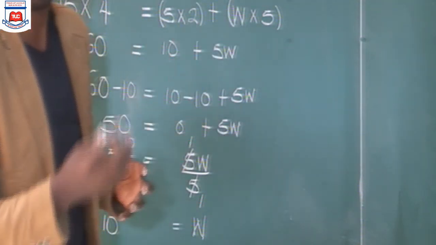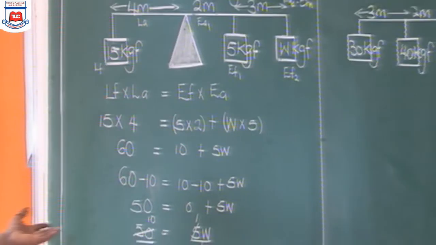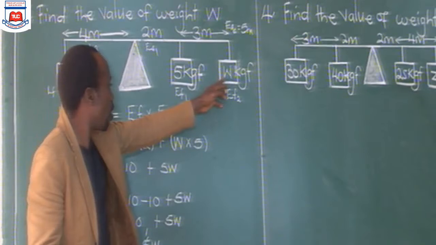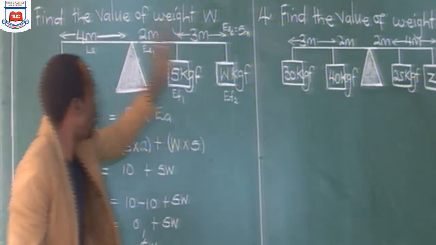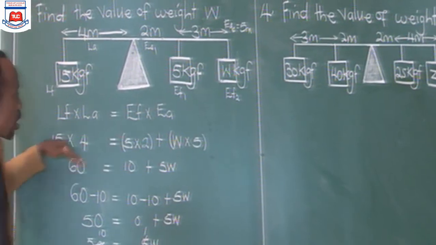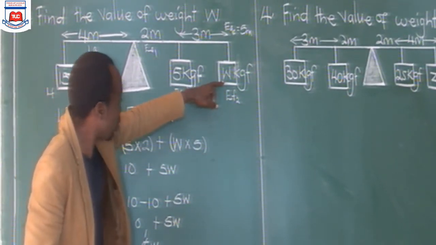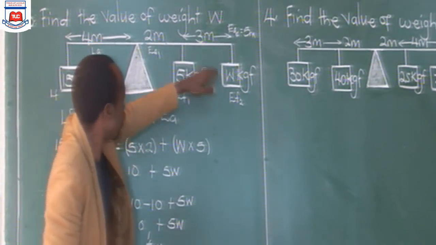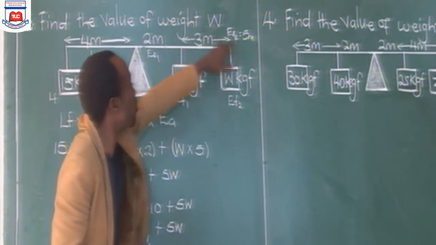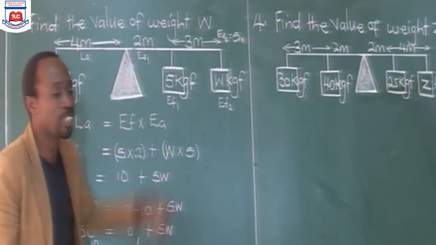Those who have time can always go ahead and prove their answers. That if I substitute 10 here, will it match? Shall I have the same weight this side and the same weight this side? If we have 60 this side, let's see whether I can get 60 this side. So if this is 10, 10 times 5 will give us 50, plus 5 times 2, which is 10.